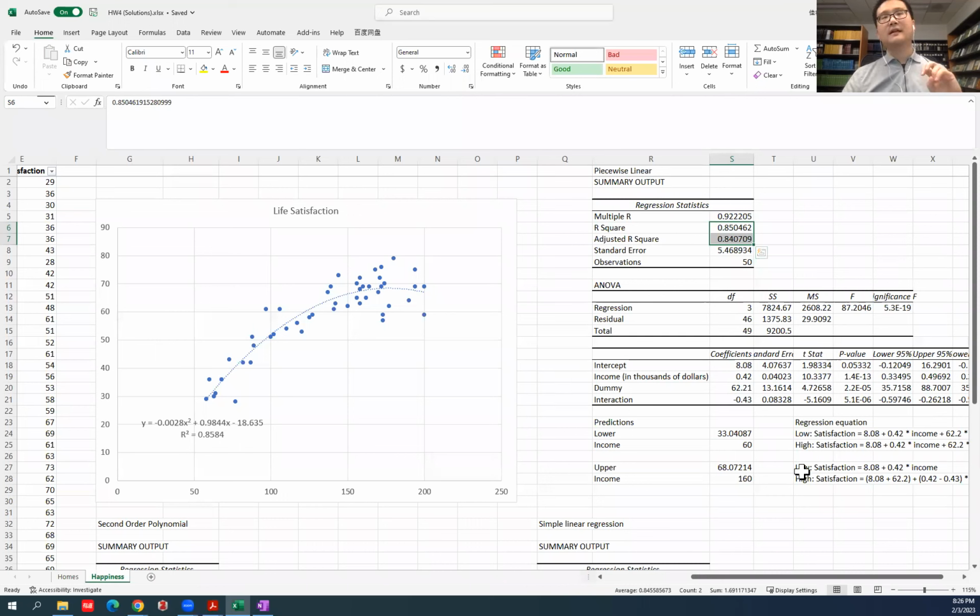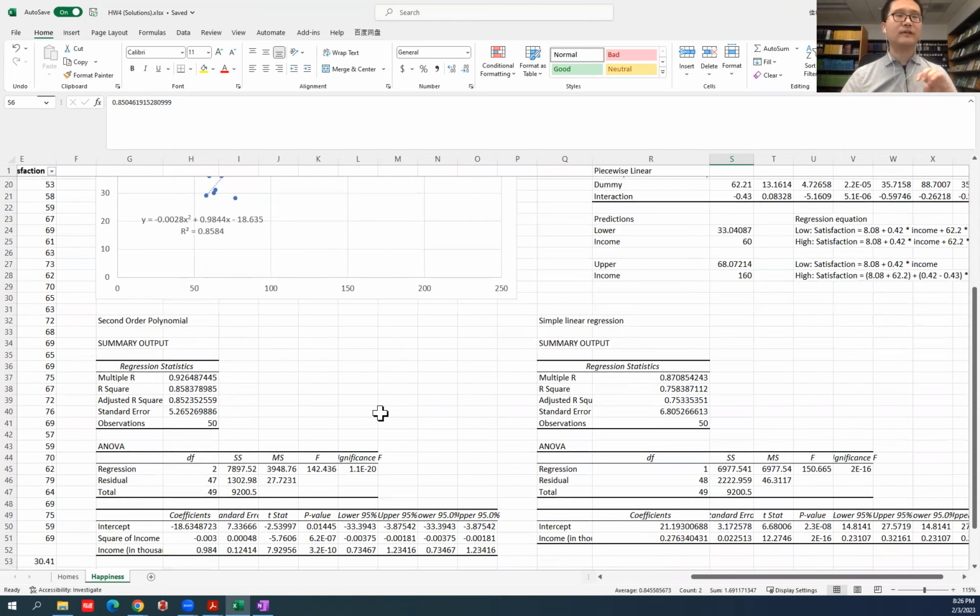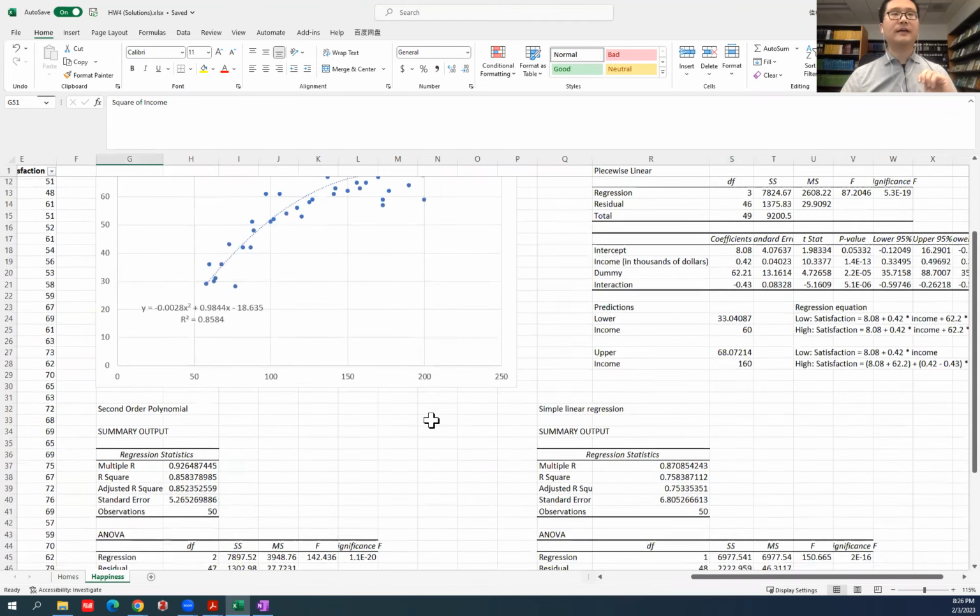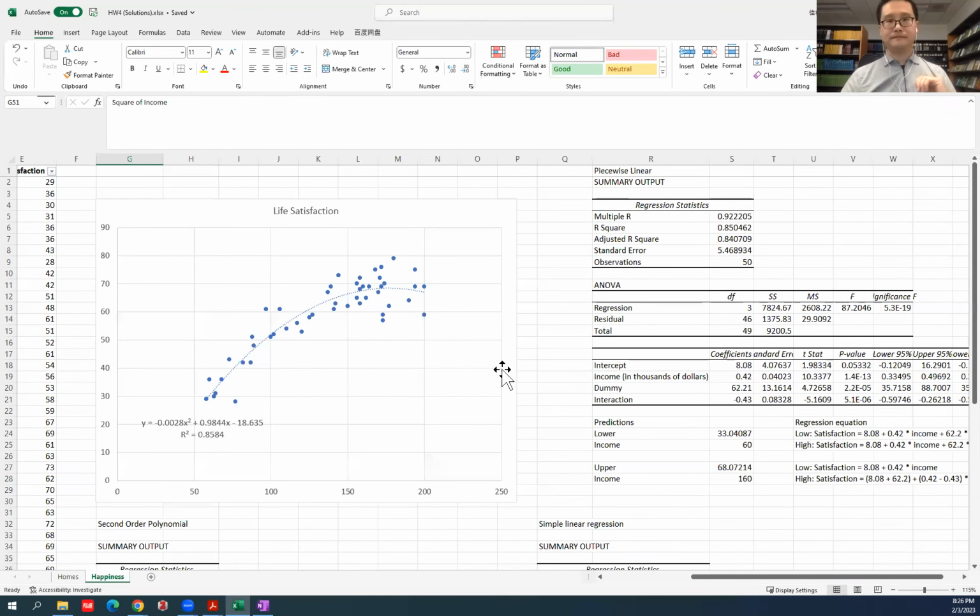So if we allow the slope of the income to differ between the high and low income groups, it essentially captures the pattern observed in the data. This pattern can also be expressed using a squared term of income to show a parabola relationship. That means there could be multiple ways out of the same set of data that we could build a model, and they could share some similar predicting power. Any questions?